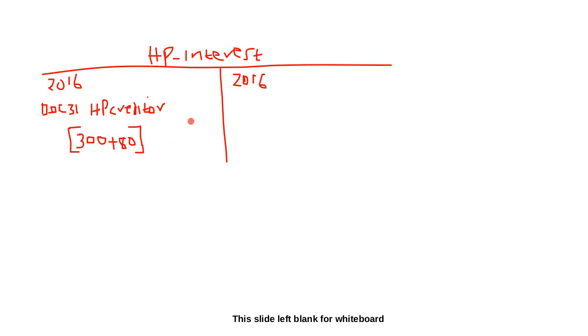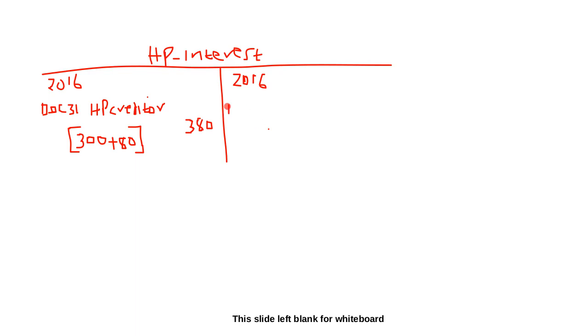This will come to 380. That is the only transaction that we will record there. Then we have to balance it. In balancing it, the balancing figure should be taken to profit and loss account.